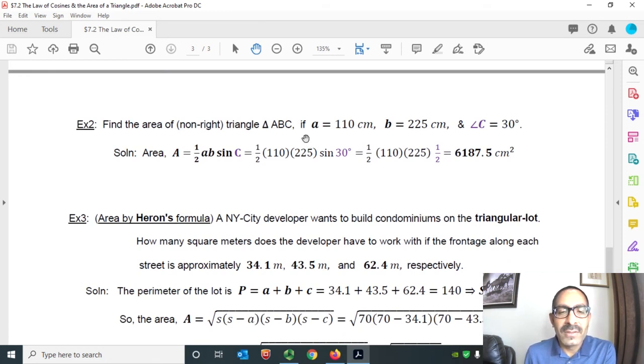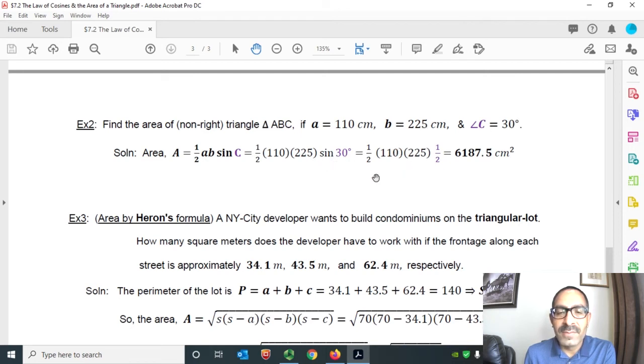So here side A is given to us, side B is given to us, and angle C is given to us. We know the area formula. Here the angle is included between these two sides, so we apply this formula. Area equals half AB times sine C. This equals 1/2 times A is 110, B is 225, angle C is 30 degrees, so sine 30 degrees.